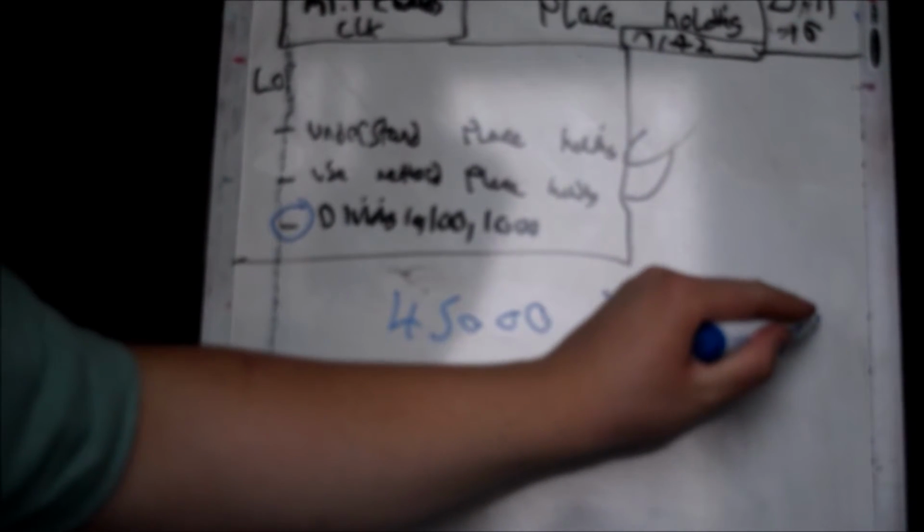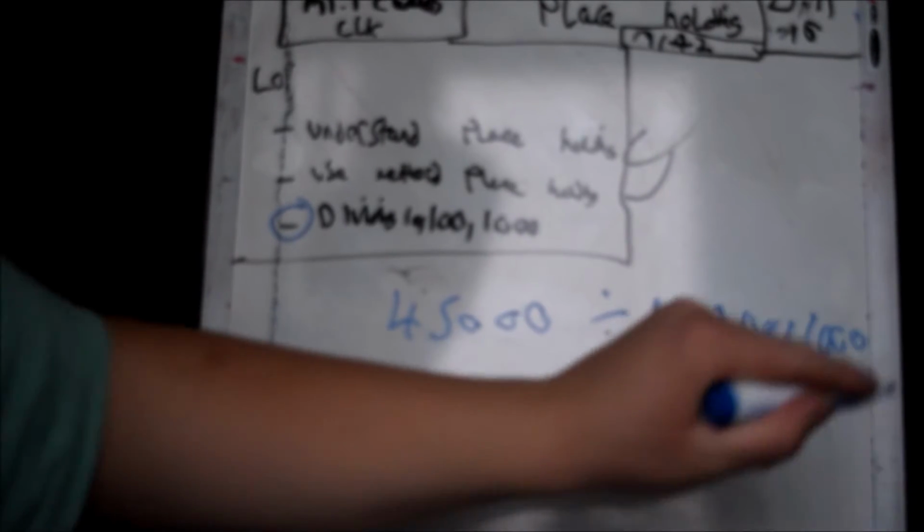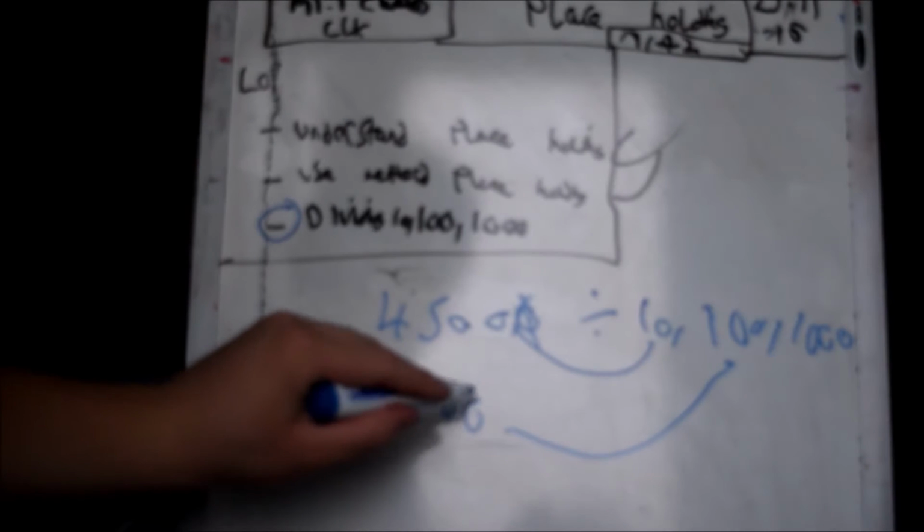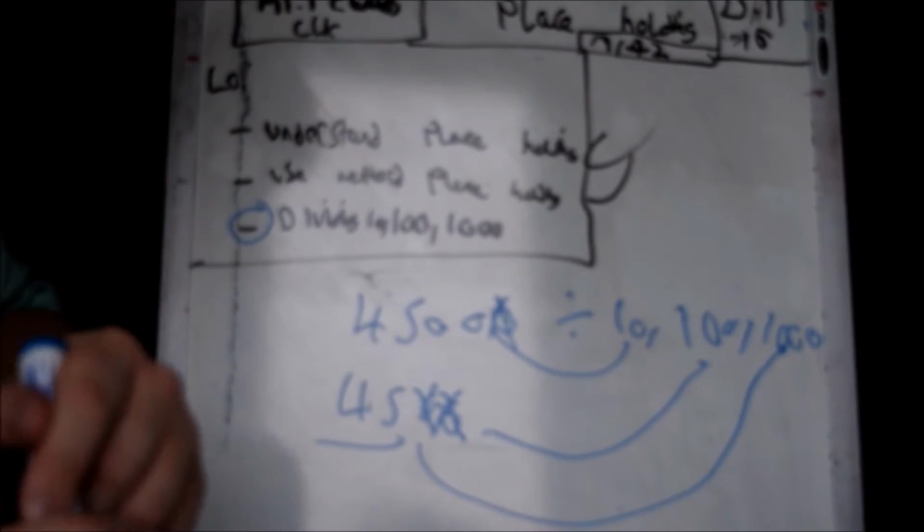We'll do mixed numbers later on though. Let's leave with these ones for now. Taking 10 off that, we take a 0 out, so it would be 4,500. Divide by 100, you take another 0 out, and for 1,000, you take another 0 out, which leaves 45. Okay, so that's how to do it.